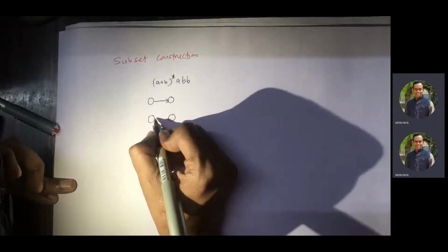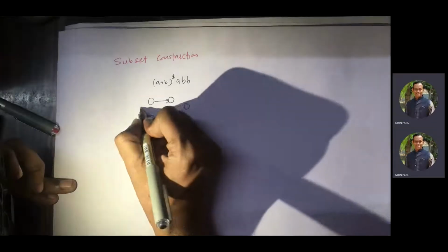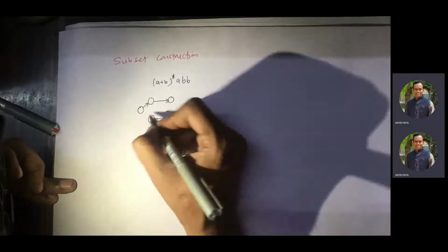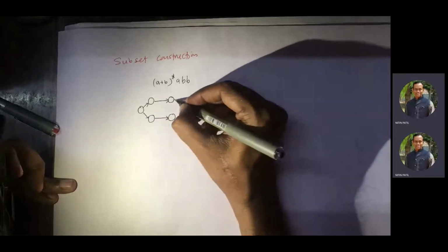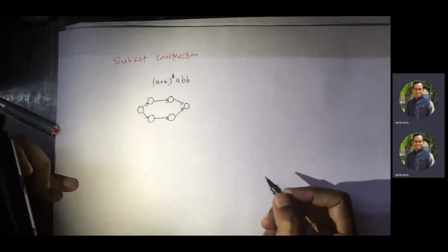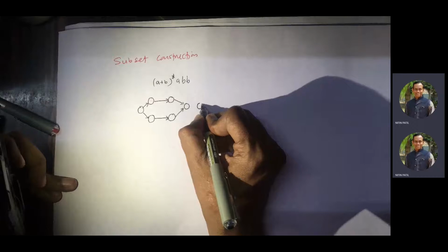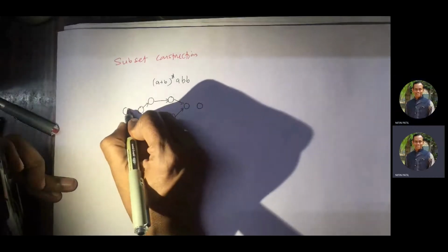So this would be A, this would be B, this would be A plus B. I hope you have tried the video which I shared earlier for constructing an NFA for a given regular expression.